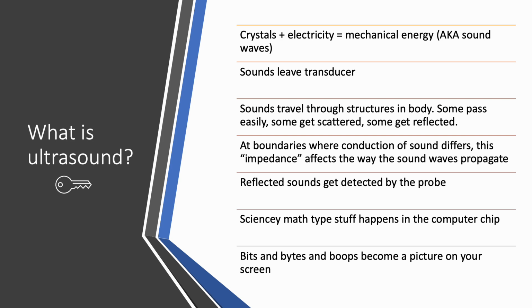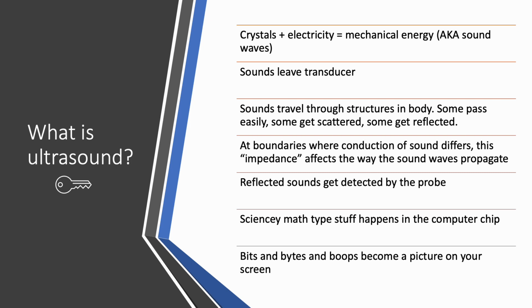The sound waves have to leave the transducer and travel through the body. And then when they're in the body, they interact with other structures that they come into contact with, whether that's bone, whether it's muscle or tissue of some sort. And at those boundaries where the sound has to make a decision about reflection or traveling back or moving in a different direction or imparting its energy, that's where we get the echoes that cause the ultrasound machine to give us an image.